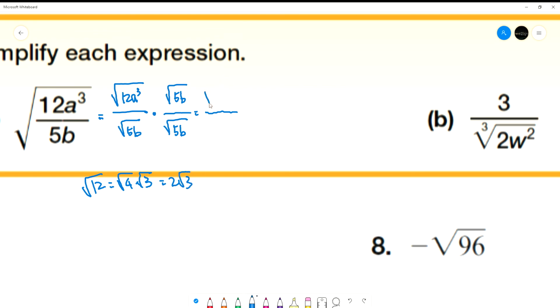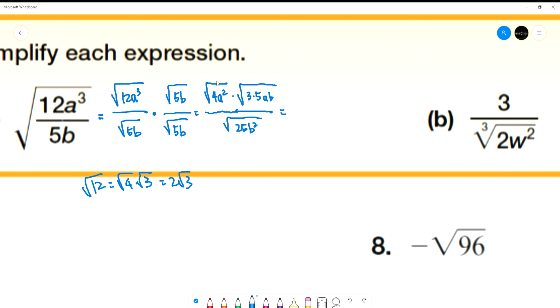I'm going to separate this as root 4 and then look for the variables. A squared, that's my perfect square, times what's remaining? The 3 and the 5, the a and the b. And the denominator is 25b squared under the radical. All right, does that make sense?